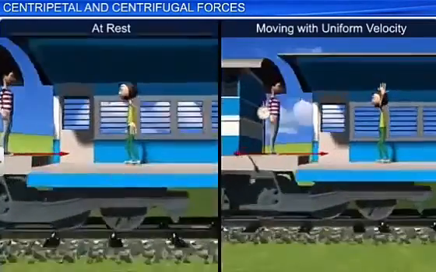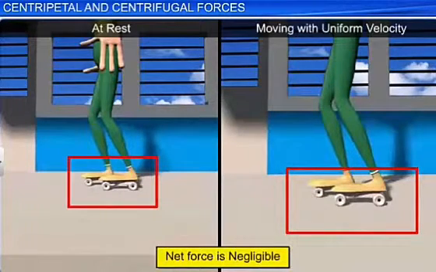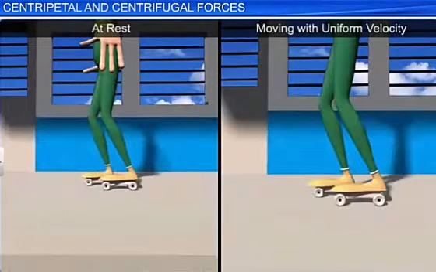As the boy is on roller skates, the frictional force between him and the surface is negligible, and hence the net force acting on him is also negligible. When there is no net external force acting, according to Newton's first law of motion, the boy must be at rest with respect to the frame of reference. Hence, we can conclude that Newton's laws are valid in case of inertial frames of reference.